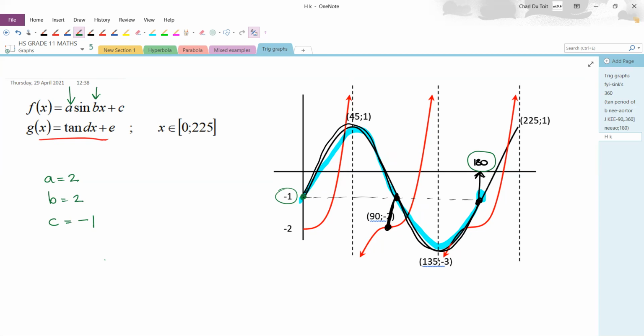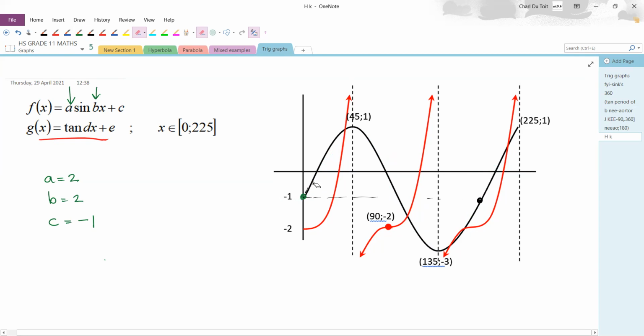So let's look at tan. Always get the easiest values first. So did my tan graph move up or down? Down. With how many units? 2. -2. Right. How many tan graphs can I draw to 180 degrees? 2.